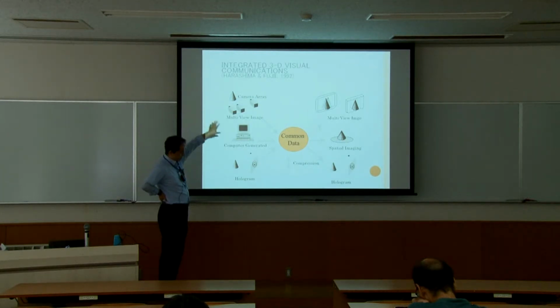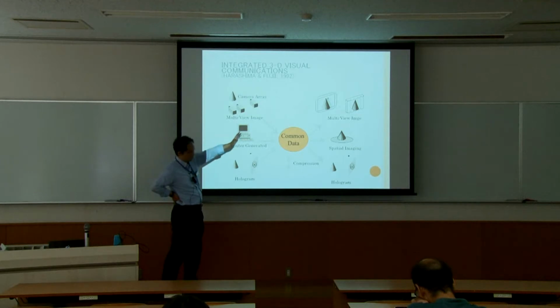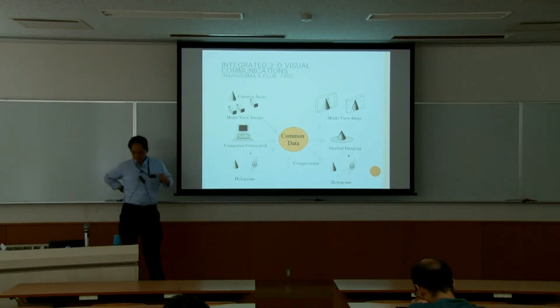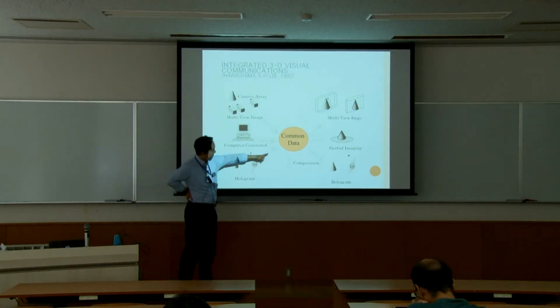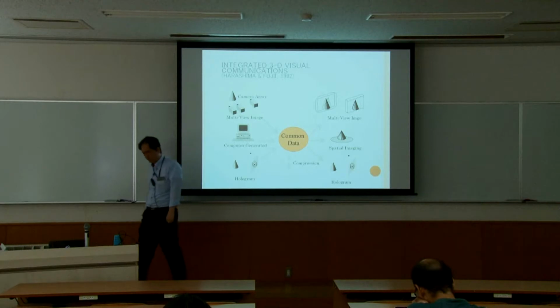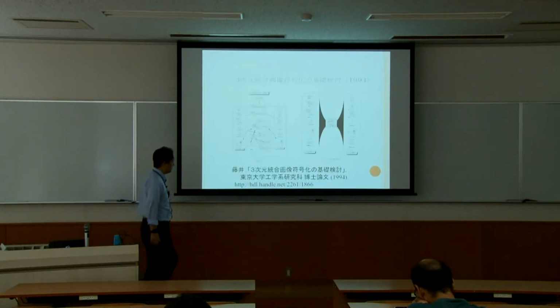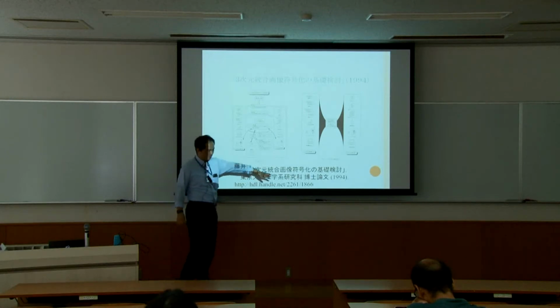So that was a very old discussion. The many kinds of input data are converted to a common data format, and then at the receiver side, it is converted to many types of 3D display. So the next question is, what is this common data format? This figure is from my PhD thesis, 1994.